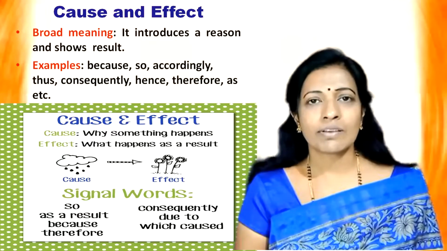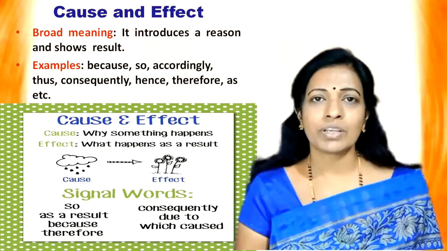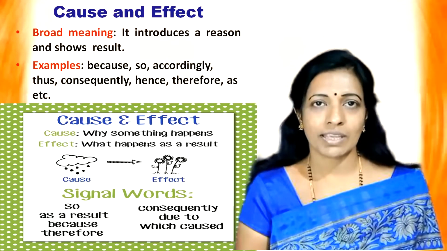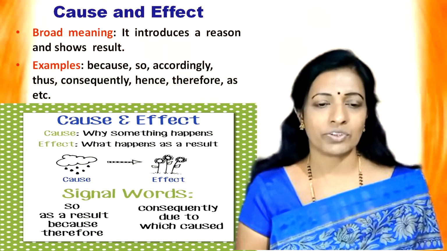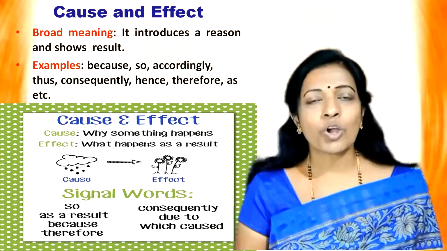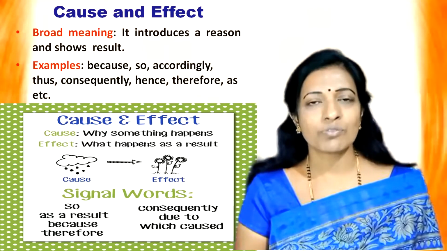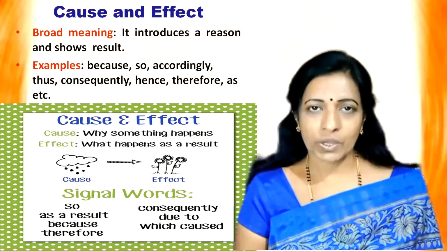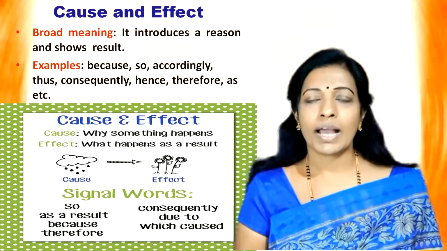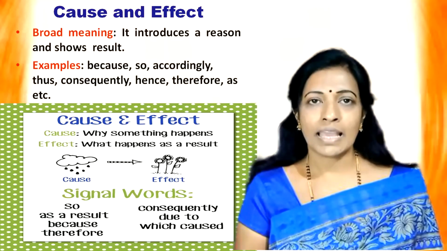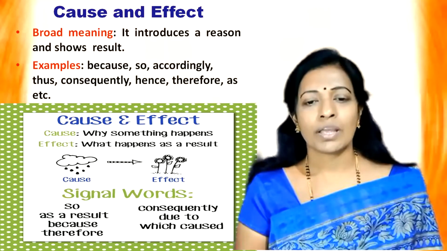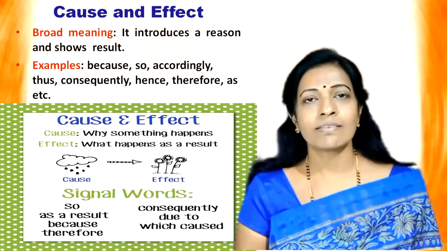Now, let us try to find out which are the different words which can be used as linkers to show this cause and effect relationship. The commonly used linkers for this are because, so, accordingly, thus, consequently, hence, therefore, as, etc.